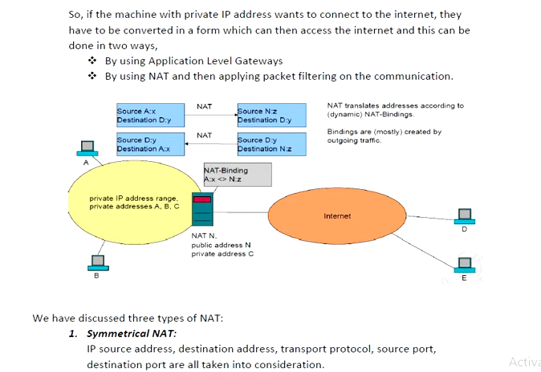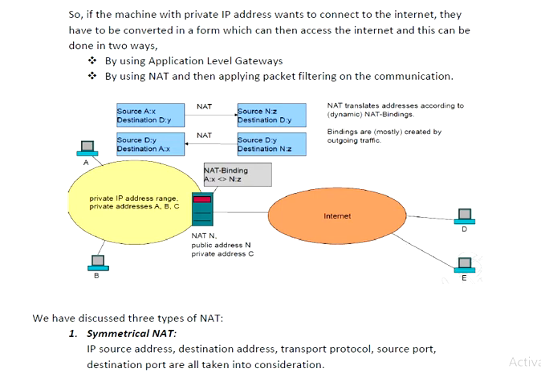Now let's say a private machine A wants to communicate with machine D. Then there will be a NAT, N, which has a public address N and a private address C. Now NAT is binding here with AX, where X is the port number, so AX is bound to NZ. N is the public IP address with the Z translated port number.